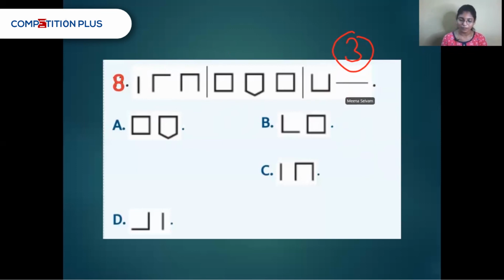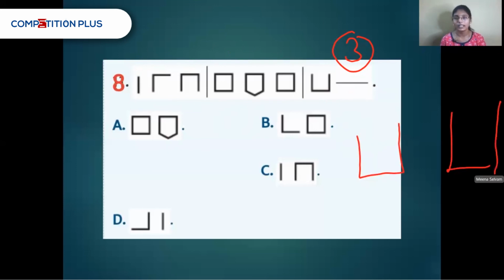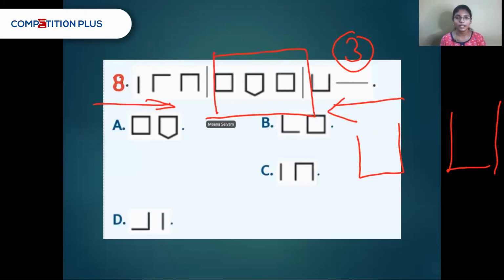Remove each line from the box. So this is your first shape, then the next shape would be like this, and the next shape would be a single line. So what happens is, when you move from the left side also, when you move from the right side also, your box would be a complete one and term 2 is obtained. That is the logic of this question. Accordingly, the correct option would be option D.